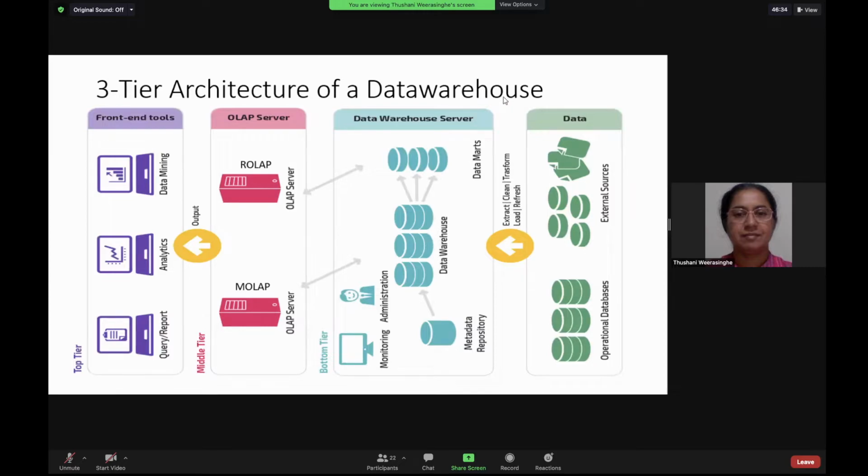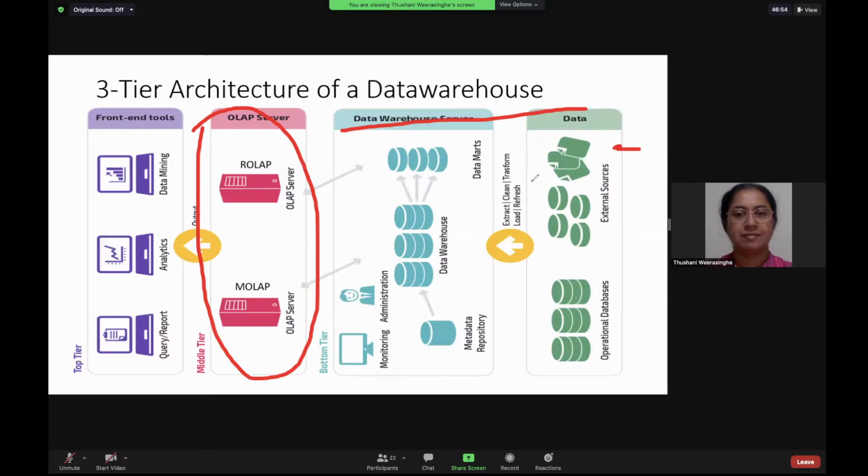Here you can see this middle part, the OLAP server and the data warehouse servers. Sorry, I just wrote this one incorrectly. These two are for the data source, and this is for the bottom layer, the data warehouse. I cannot see this properly, the tools are covering the interface.